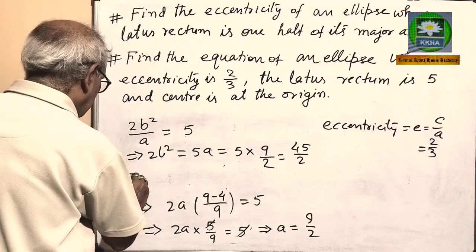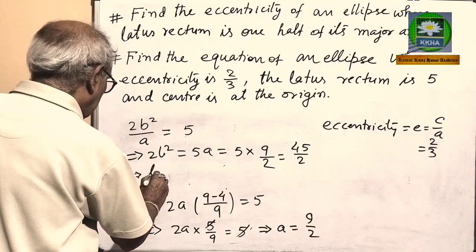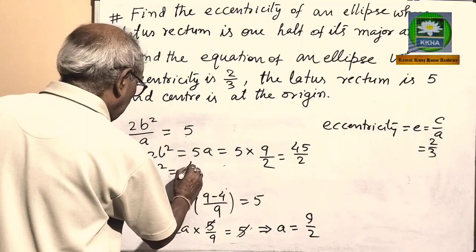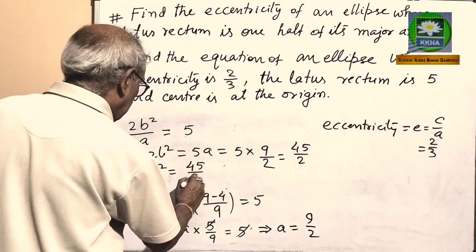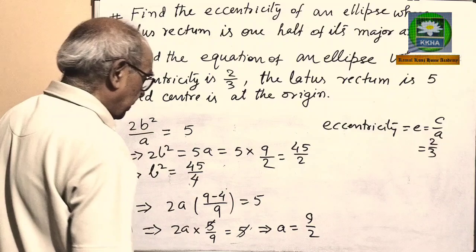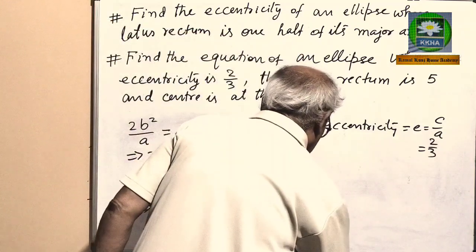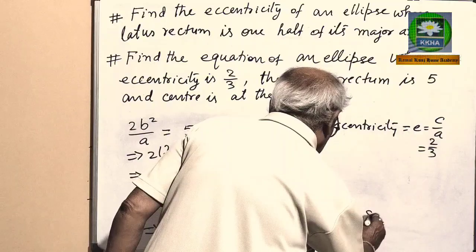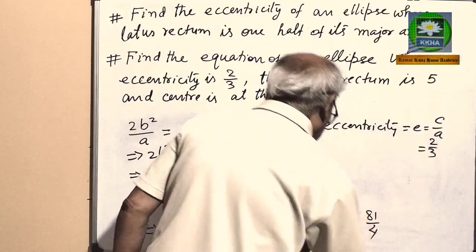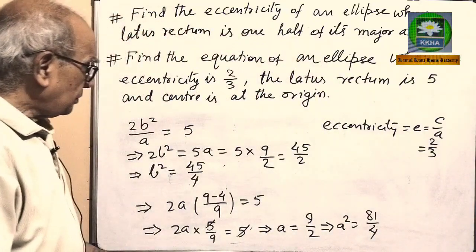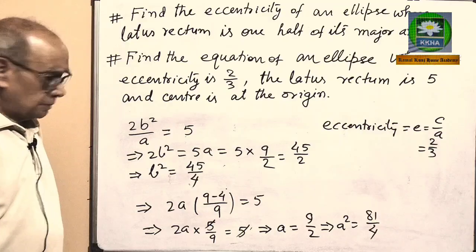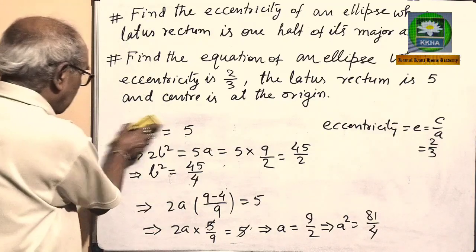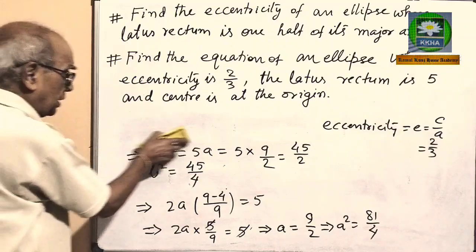This implies that b square is equal to 45 upon 4. Now here a square is equal to 81 upon 4. So we know the value of a square and b square.